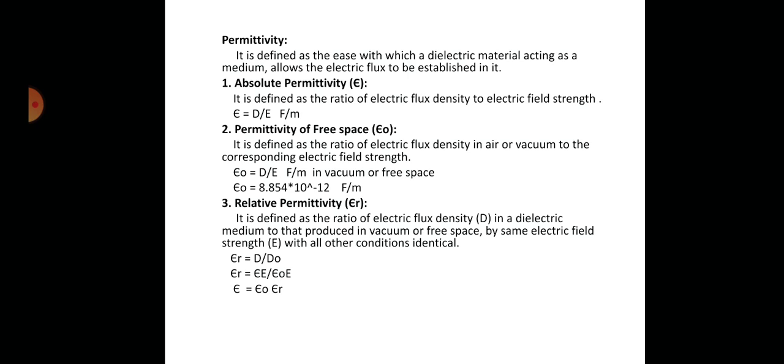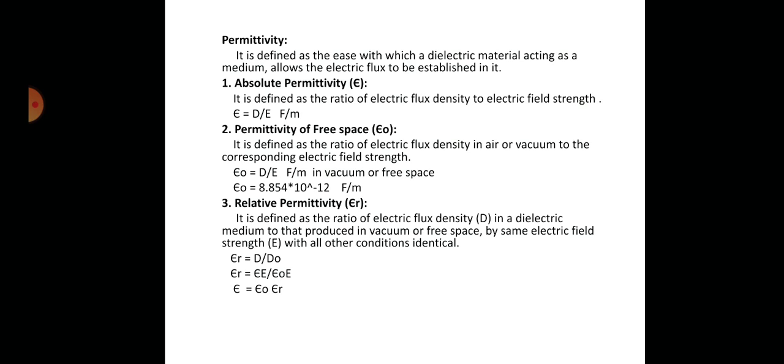Now permittivity of free space is denoted by epsilon 0. It is again the ratio of electric flux density to the electric field strength, but the medium is air or vacuum. So epsilon 0 is D upon E, and the value is fixed, given by 8.854 into 10 raised to minus 12 farad per meter. The third type is relative permittivity, epsilon r.